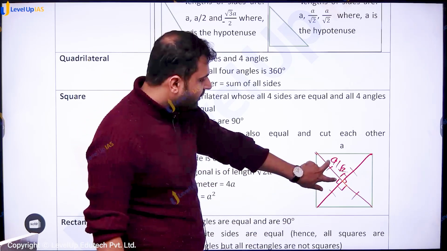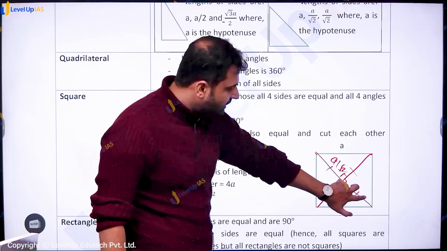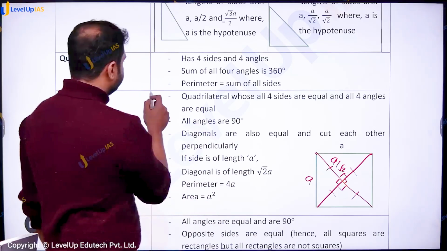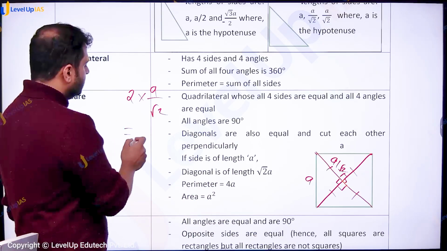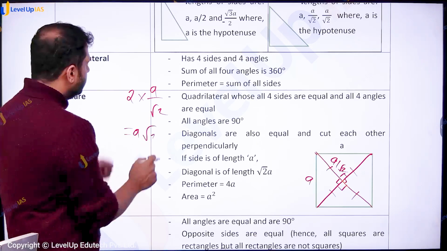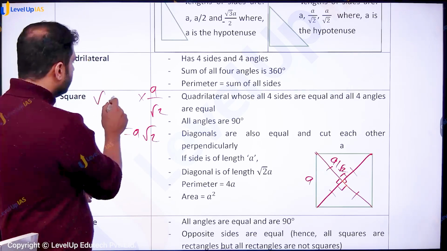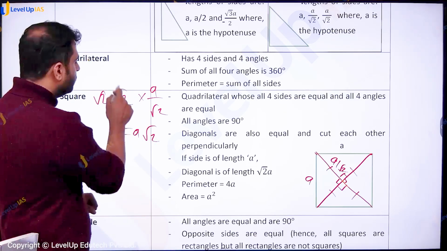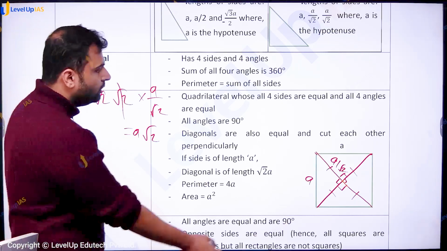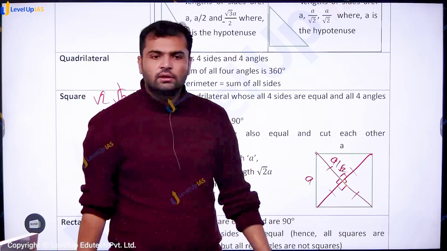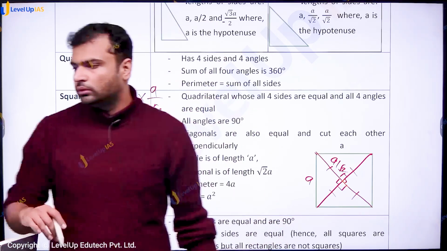This half of the diagonal is A by root 2. This half is also A by root 2. So total is 2 into A by root 2, which is nothing but A into root 2, because I can write this 2 as root 2 into root 2. One of them would cancel, other would remain, right? So the diagonal length is A into root 2.